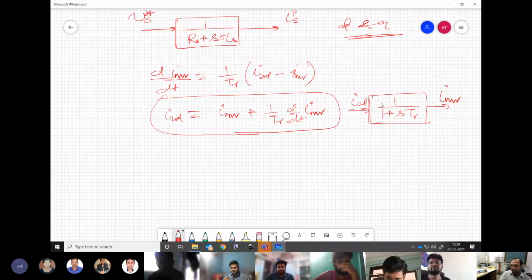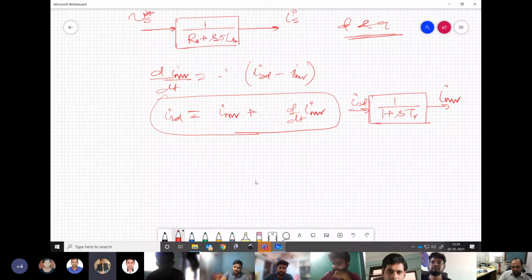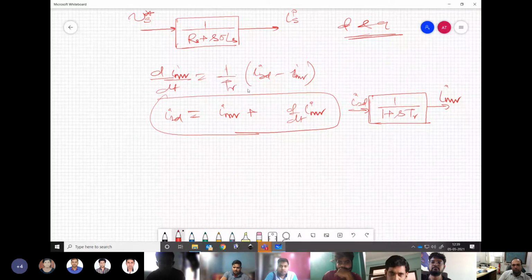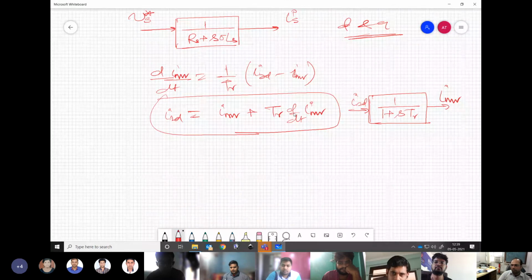Sir, the time constant. In the equation it is written 1 by TR, it should be TR after rearranging. You mean to say this should be TR? Yes, ISD is equal to IMR plus TR d by dt IMR. This is 1 by TR, so here it becomes TR. Fine, yes, correct. Good observation.